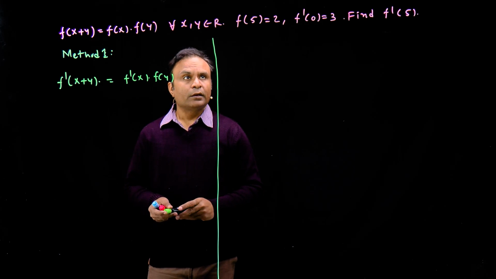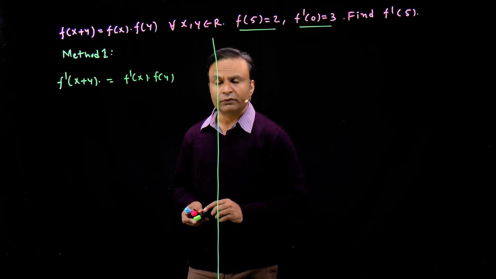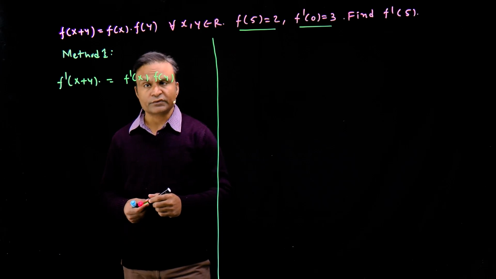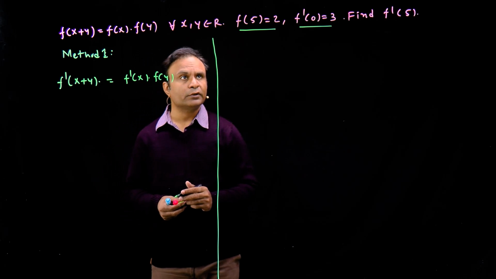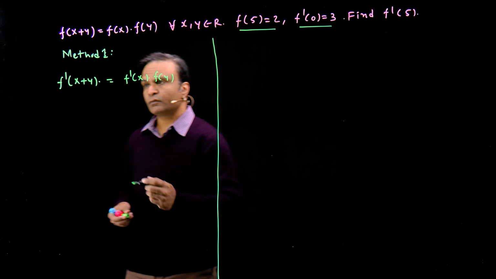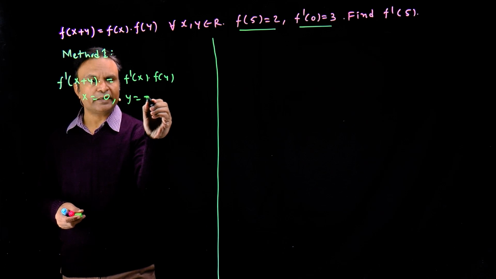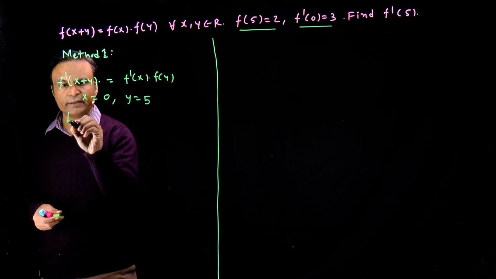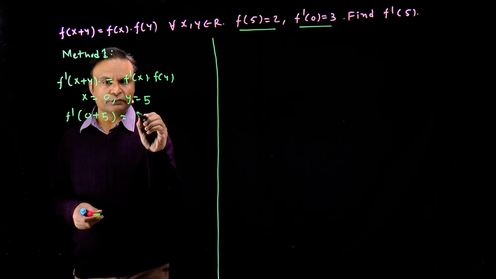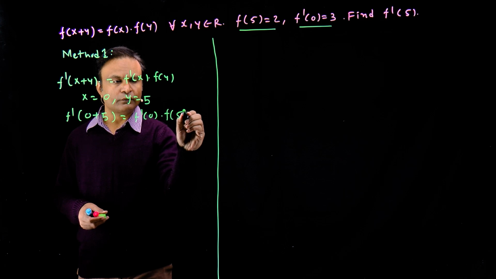Okay, now depending upon the given data f of 5 and f dash 0, we will put the values of x and y here. Since we have f dash 0, I will put x is equal to 0 and f of 5 is equal to 2, so I will put y is equal to 5. So putting x is equal to 0 and y is equal to 5, I get f dash of 0 plus 5 is equal to f dash 0 multiplied by f of 5.